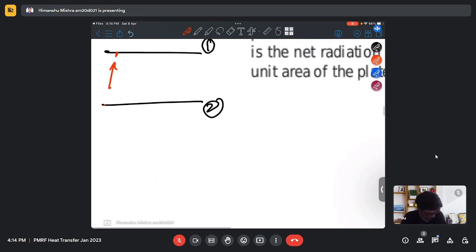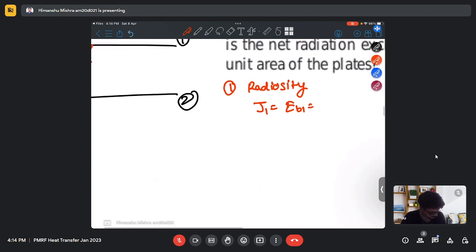The radiosity at surface 1 is just the heat radiation coming out from the surface.